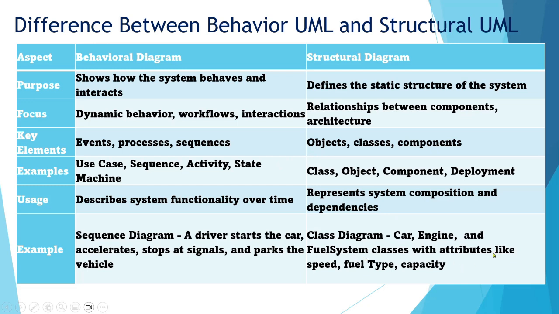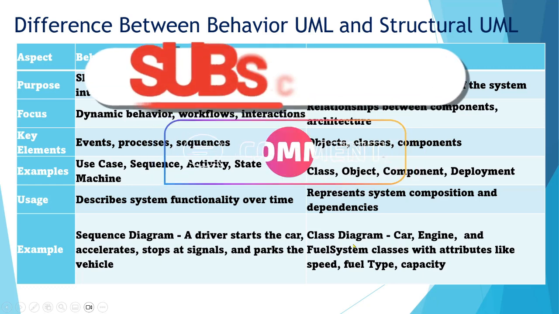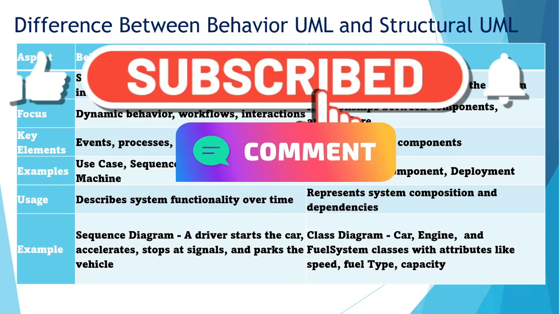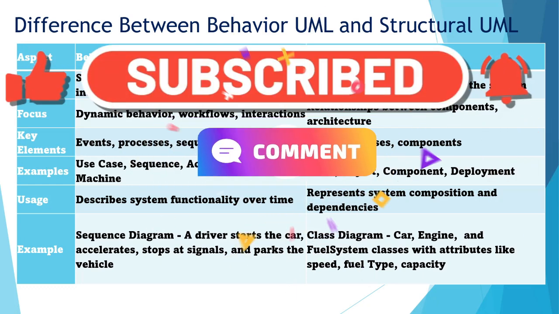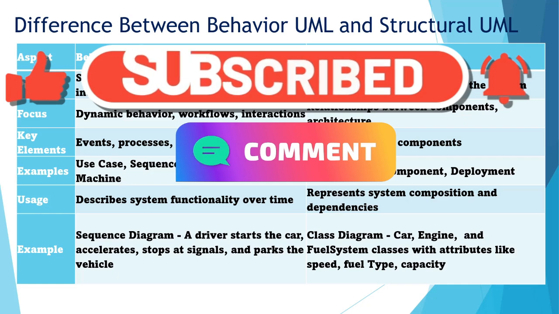Now see, a particular car has some kind of average speed. Again, engines have attributes like fuel type, whether it is a petrol engine or diesel engine. And if you are considering the fuel system as a class, again, what is the capacity of that fuel system? Like this, you can define the attributes within the structure type.